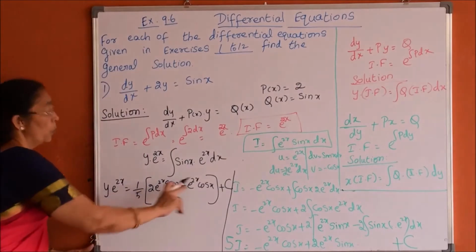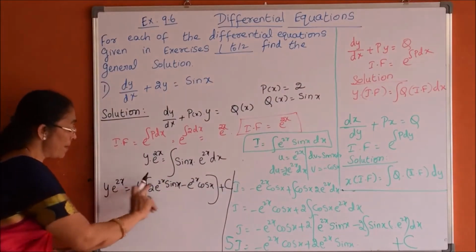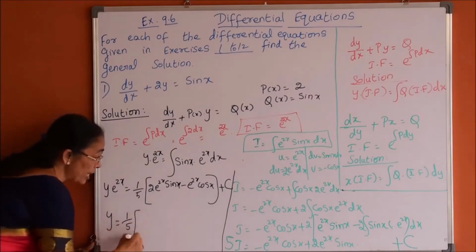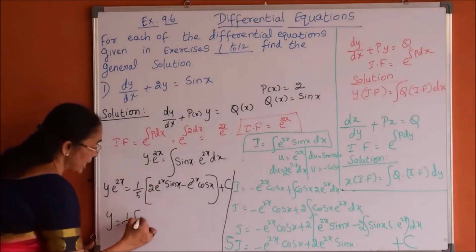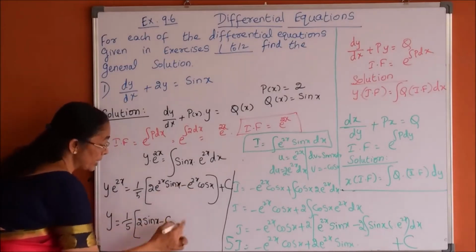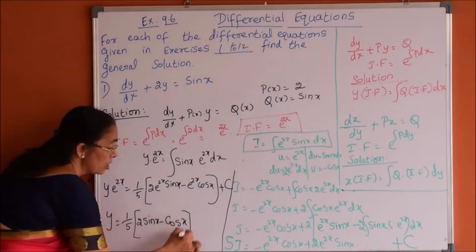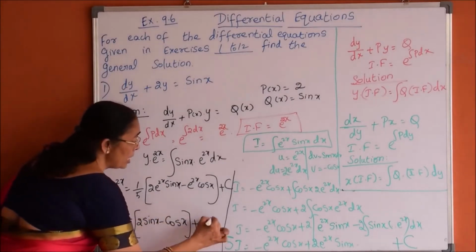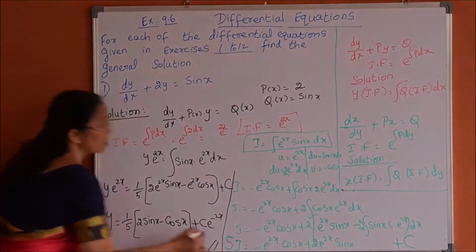Now overall we divide by e power 2x, therefore y is equal to 1 by 5 of e power 2x will get cancelled here, 2 sin x minus e power 2x cancelled, cos x plus c divided by e power 2x, which is nothing but c e power minus 2x.